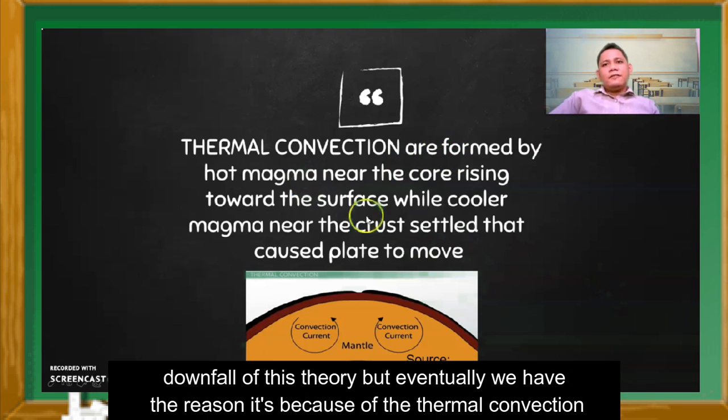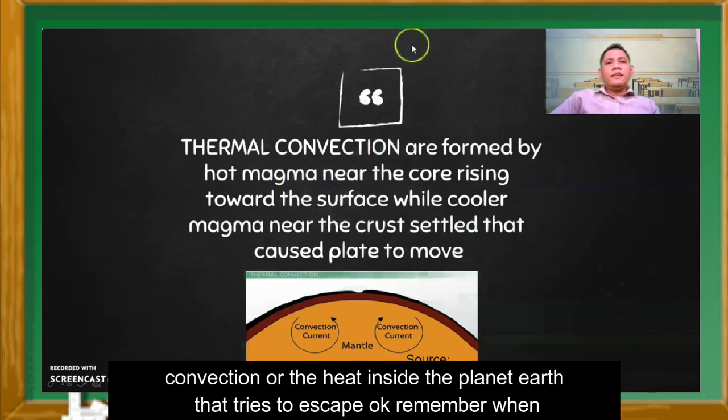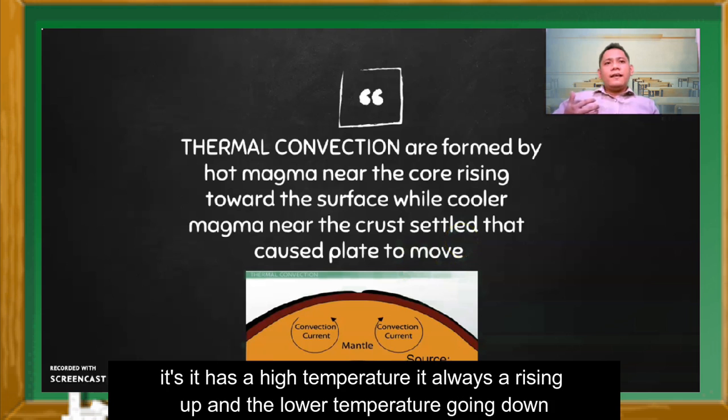It's because of thermal convection, or the heat inside the planet Earth that tries to escape. Remember, when it has a high temperature, it is always rising up, and the lower temperature is always sinking down.